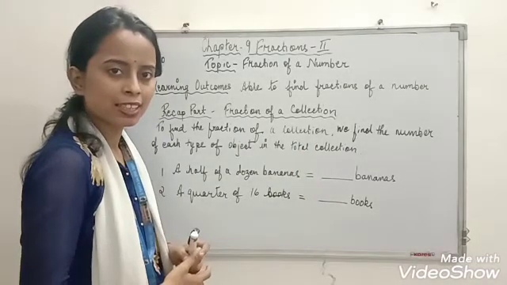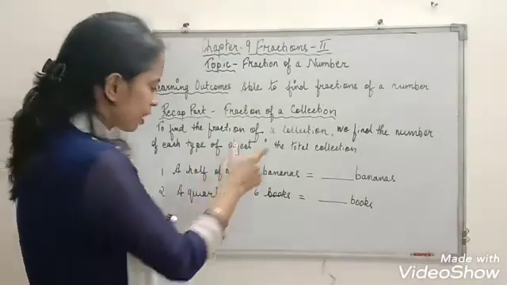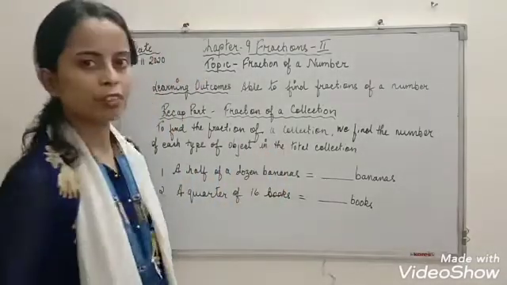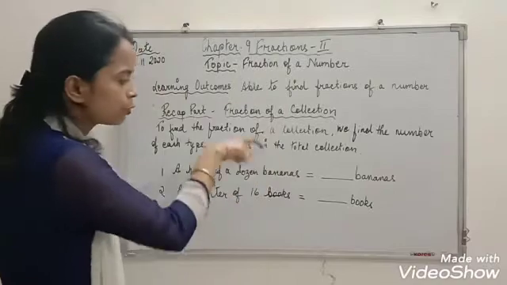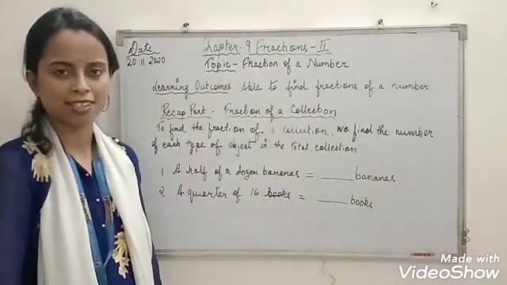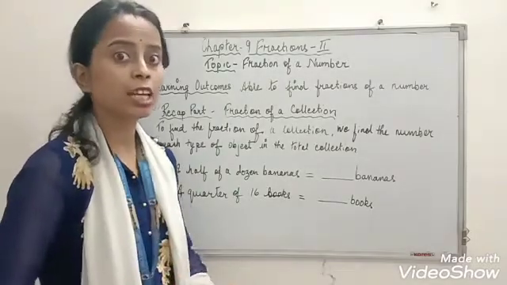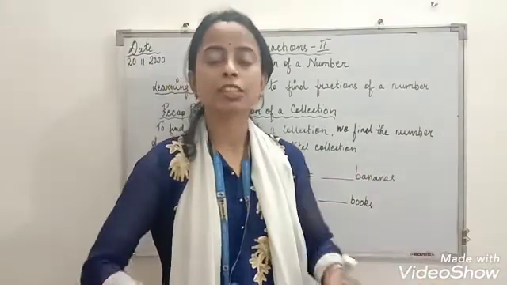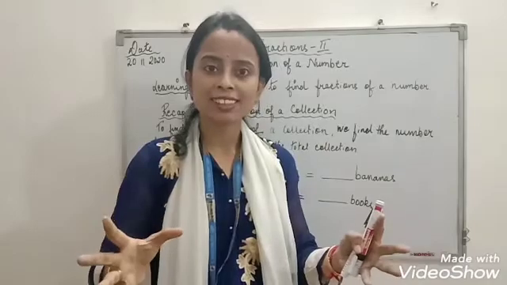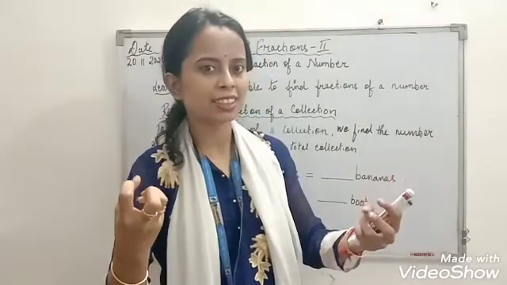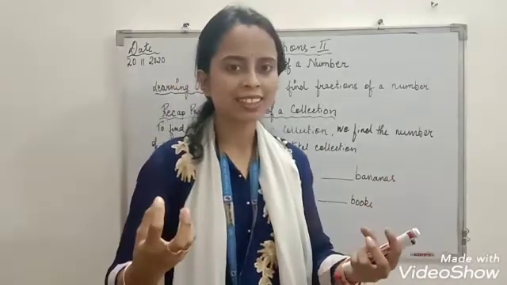Yes? So to warm up, I have two questions. Now children, you have to tell me how you are going to find this. Collection of balloons, collection of books, yes? Collection of candles, yes?